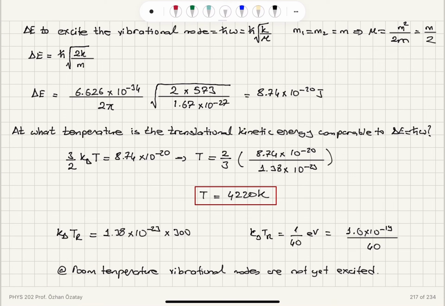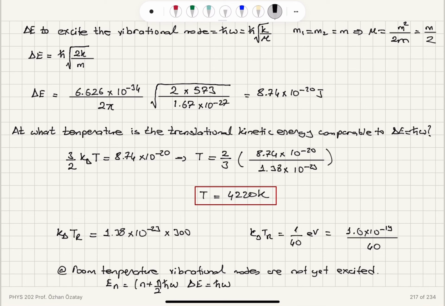So how did I determine this? Because the energy levels of the quantum harmonic oscillator are given by n plus 1/2 h bar omega, corresponding to an energy spacing of h bar omega. So I calculated h bar omega as h bar square root of k over mu, and substituting the numbers, I see 8.74 times 10 to minus 20 joules, and I see that the room temperature thermal energy, kTR, is basically 1.6 times 10 to minus 19 divided by 40.